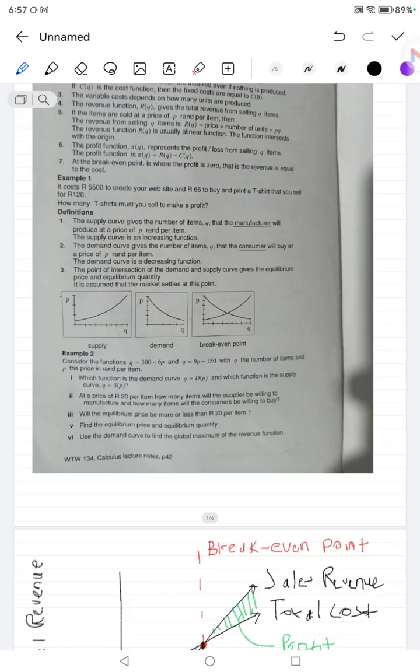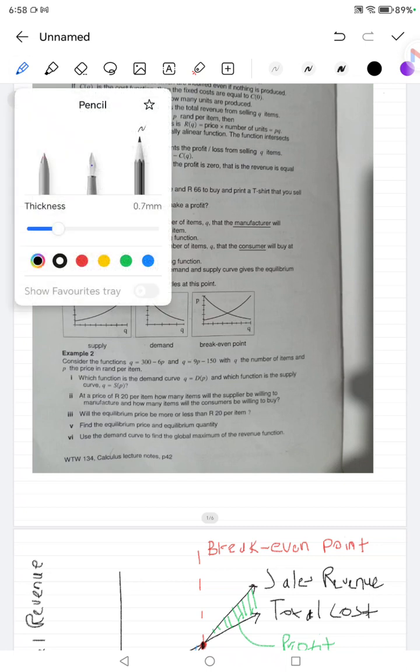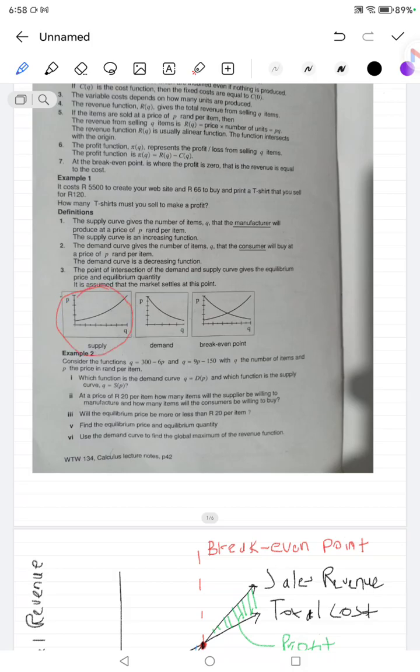Then what's the formula for that? When they're talking about your manufacturers, keep in mind your supply curve, which is this one. When they're talking about the consumers, these are the people that are going to buy and demand the product. It means you're going to consider the demand curve.